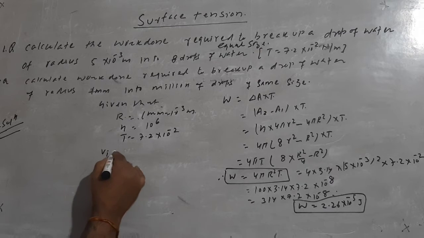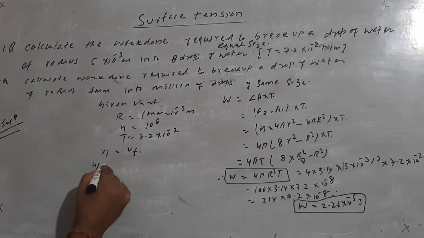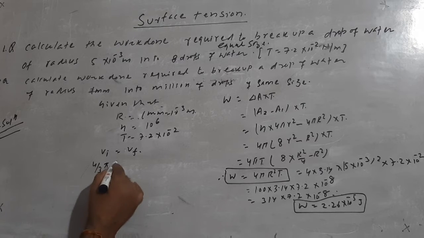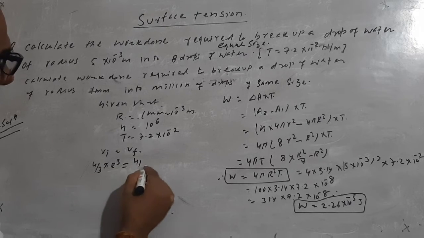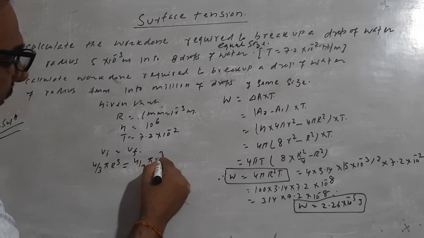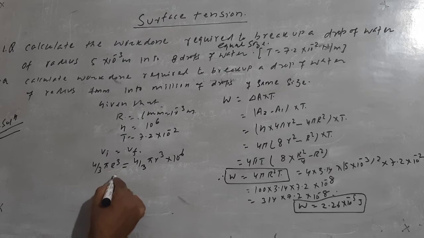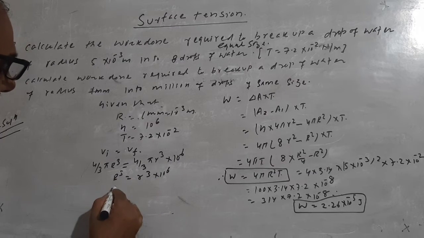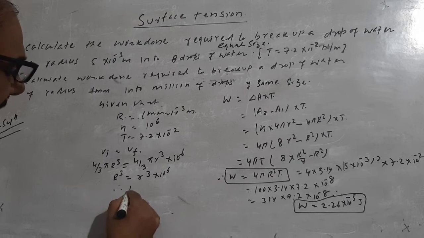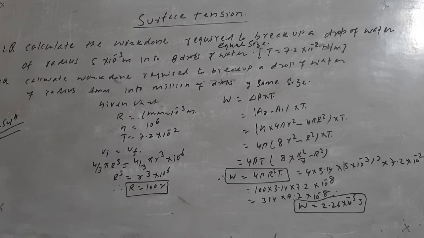The initial volume is equal to the final volume. The volume of the bigger drop, 4 by 3 pi R cubed, equals 4 by 3 pi r cubed for n drops, n being 10 to the power 6. So R cubed equals r cubed into 10 to the power 6, and the relation is capital R equal to 100 r.